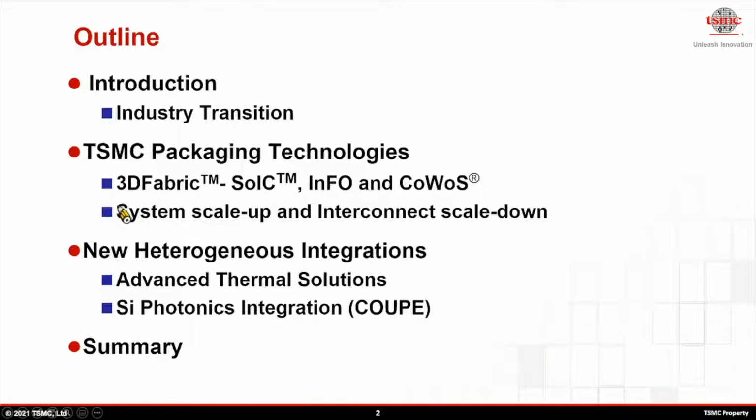Later, I'm going to move to the new heterogeneous integrations, which leverage our 3D Fabric technology to provide advanced thermal solutions and also to integrate new components such as silicon photonics. And then I'm going to do a summary.